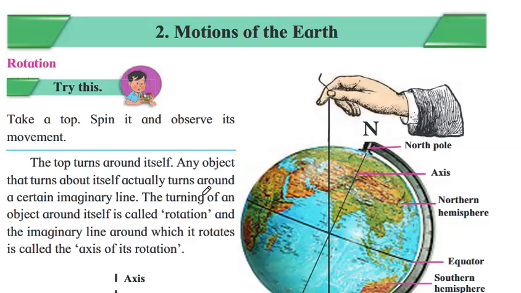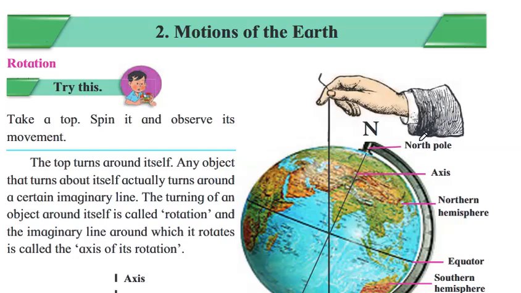The turning of an object around itself is called rotation, and the imaginary line around which it rotates is called the axis of its rotation.